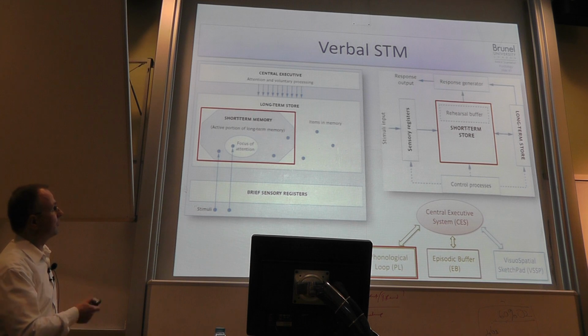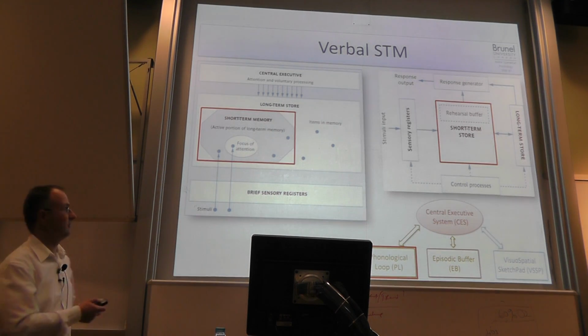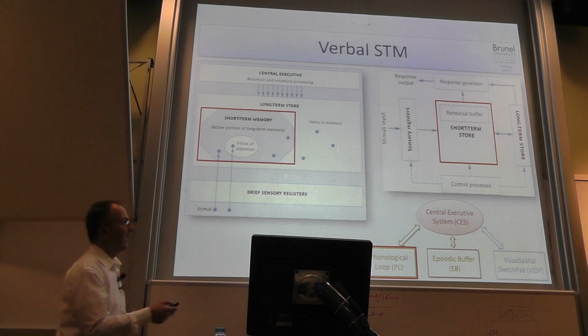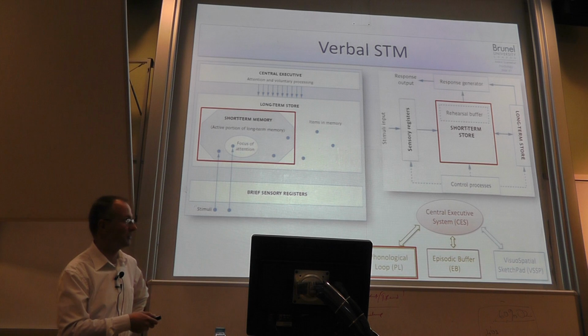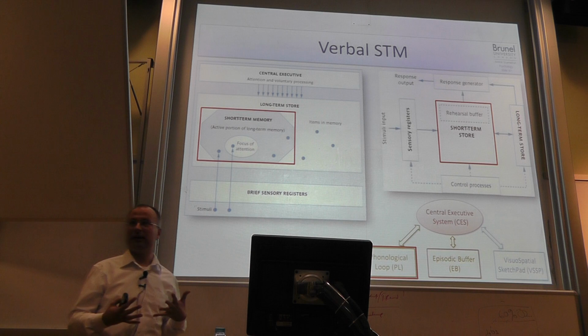So in terms of the models we have spoken about, in Cowan's model, verbal short-term memory is just part of long-term memory. He didn't propose a dedicated verbal short-term memory. Atkinson-Shiffrin as well said it's just short-term memory, not split by domain, while the Baddeley model says, well, that's the phonological loop.